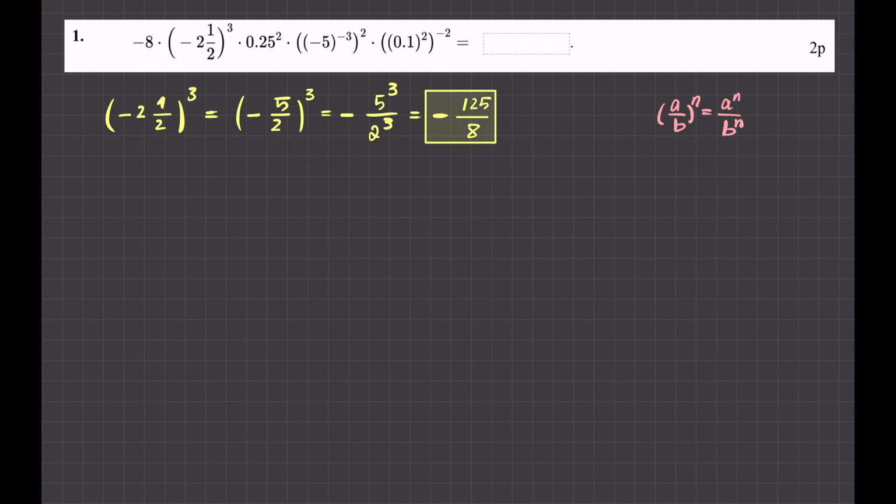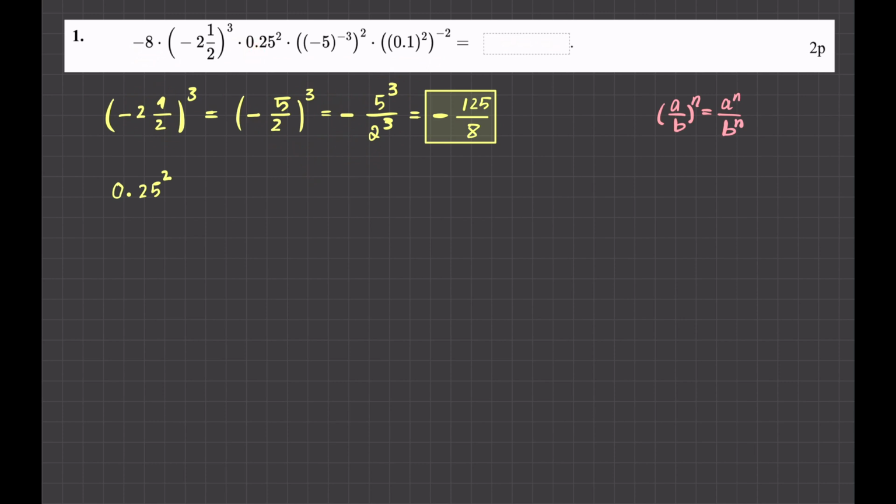Okay? Now I go to the next one, 0.25 to the power of 2. So one thing that I want to mention is that be careful, differentiate between this dot and that dot. You see, one dot is higher, one dot is lower. The lower dot is the decimal point, because in Swedish you put comma, but in English you put dot.